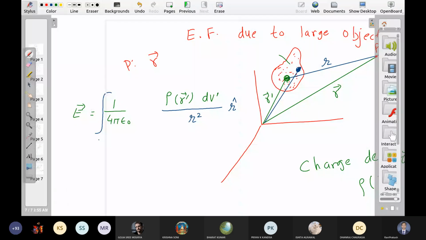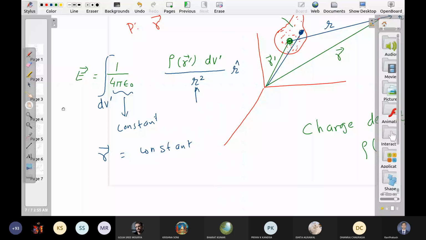Vector r is constant. R prime is a variable vector now. Since this is constant, this is variable, this is also variable. So it's just a mathematical way of writing the equation for big objects.